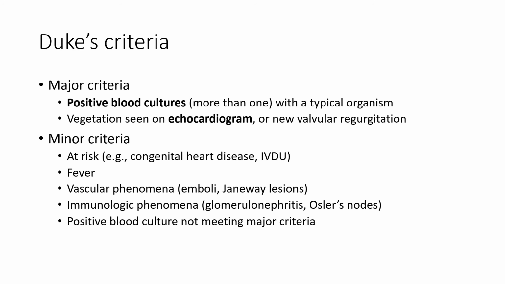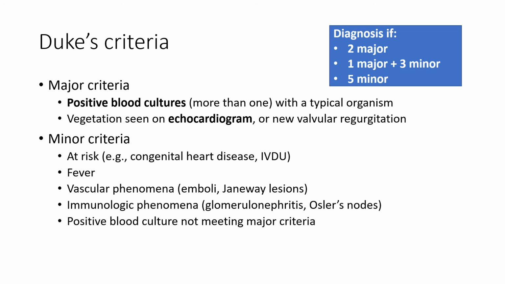The minor criteria: somebody who has a risk factor, a fever, evidence of vascular phenomena, I'll get to what Janeway lesions are in a minute, immunologic phenomena, so effects of having the immune response to endocarditis, or just a positive blood culture that's not with a typical organism, or you only have one and not more than one.